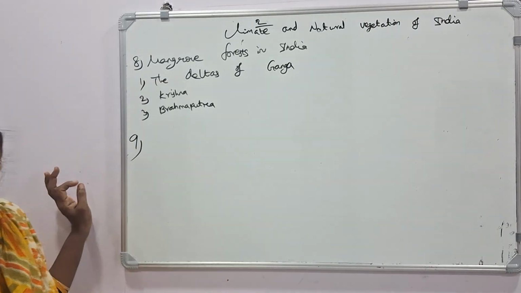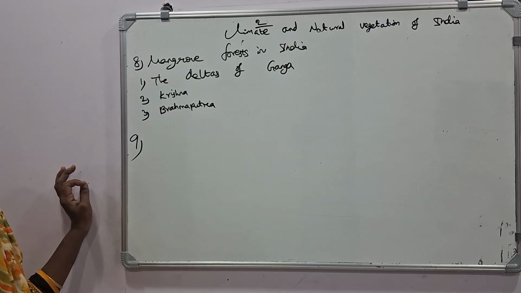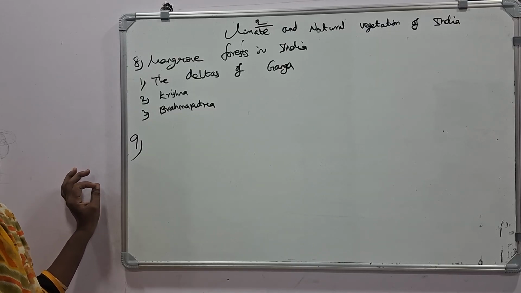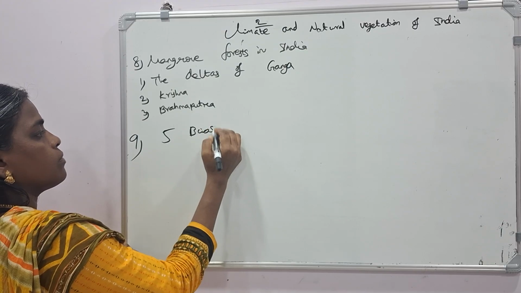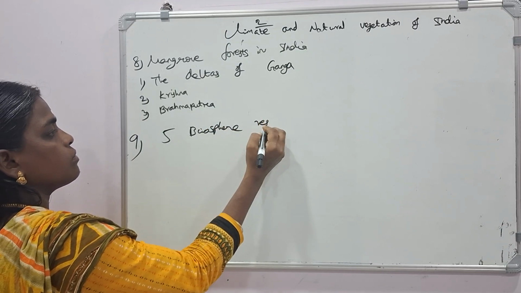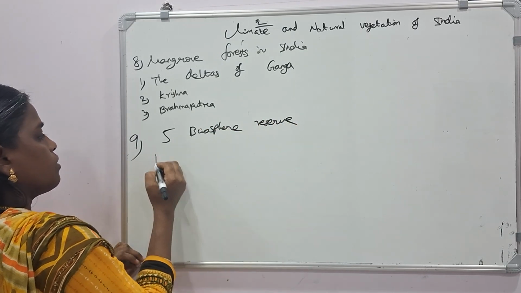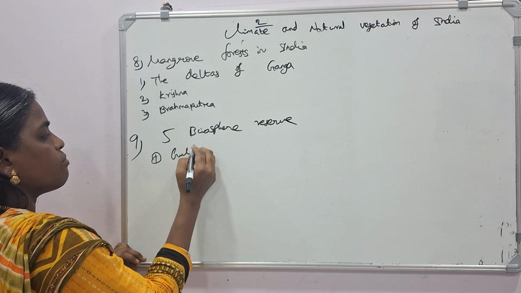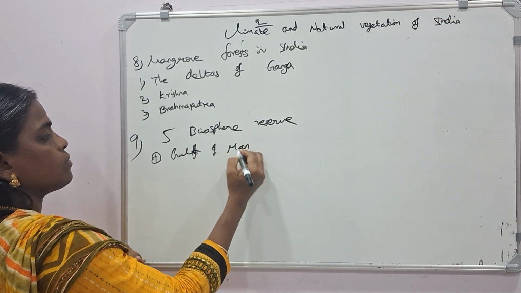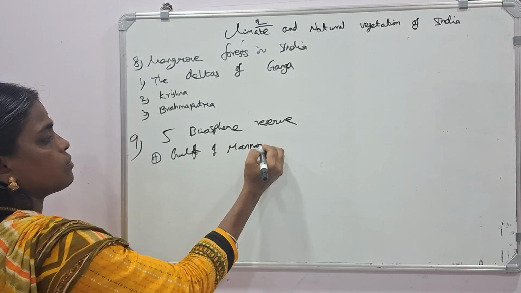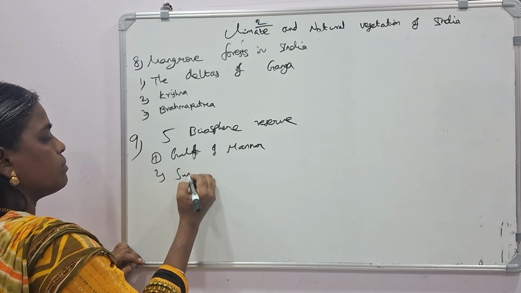Write any 5 biosphere reserves of India. First one, Gulf of Mannar. Second one, Sundarban.